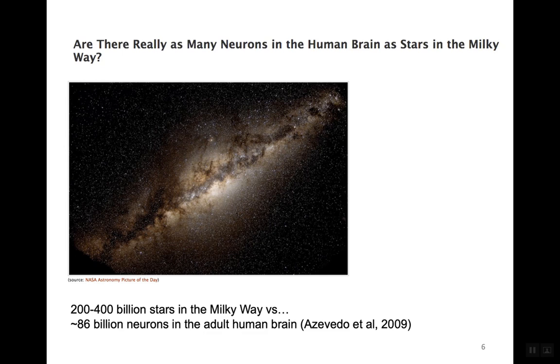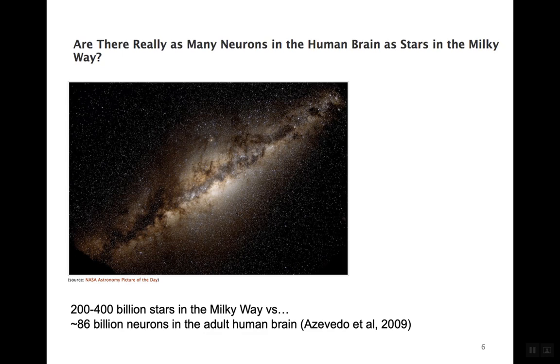There may be 200 to 400 billion stars in the Milky Way, but we have approximately 86 billion neurons in the adult human brain. And if you think about neurons as the building blocks of neural computations, you can finally start to understand the complexity of processes emerging from such a humongous computational machine.